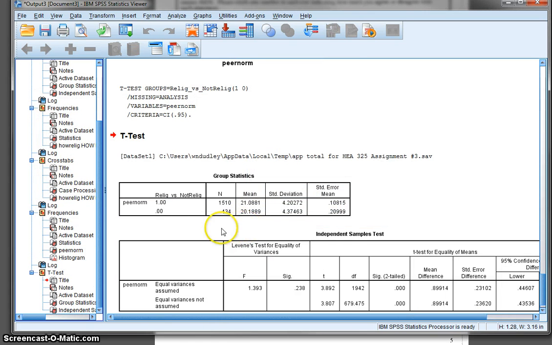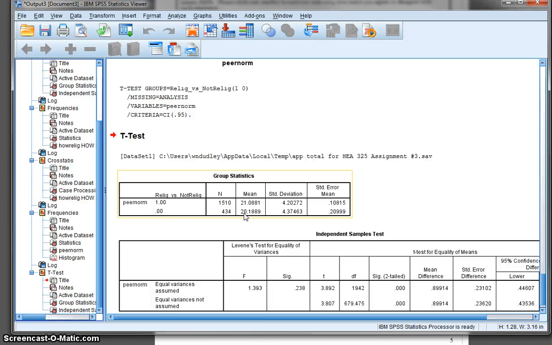Okay, here's what we find. We find that people who hold some stronger religious beliefs have a peer norm of 21, and people who don't have a peer norm of 20. You would have to go back and look at those again, so I'm assuming that those higher values are associated with responses that my friends don't think it's okay to drink alcohol and have sex and all kinds of stuff like that.